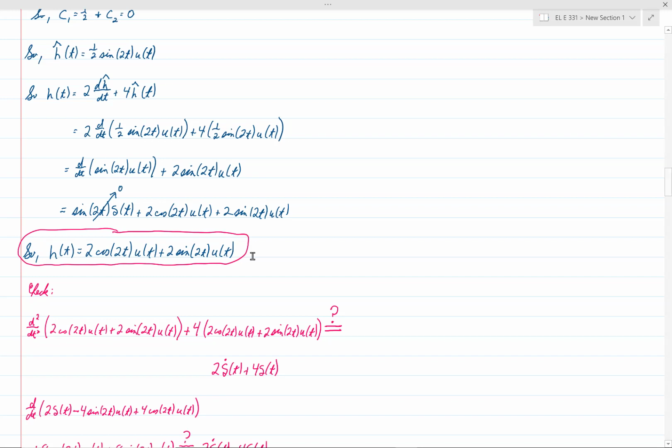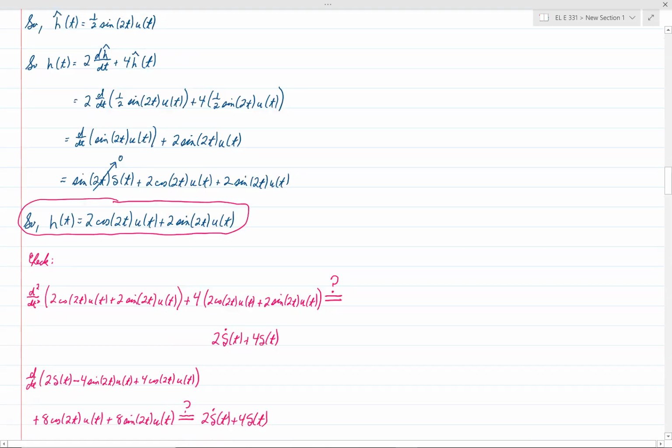And now, just to make sure that that is correct, we can plug that in for y of t in the original input-output equation, and plug in delta of t for x of t in that same equation. And if we do that, we would get this. I'll just scroll up.